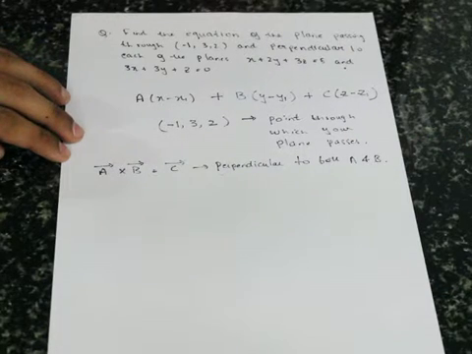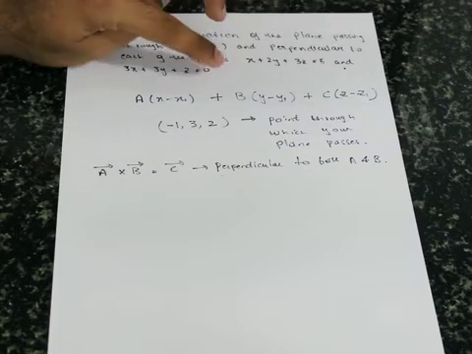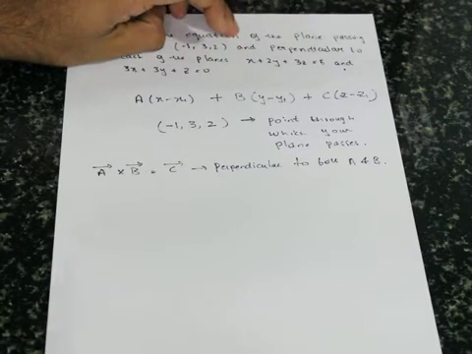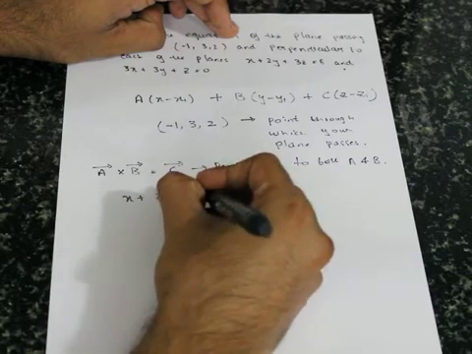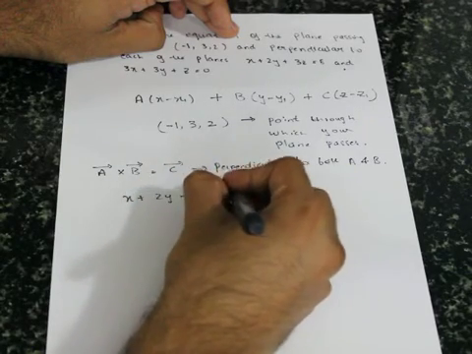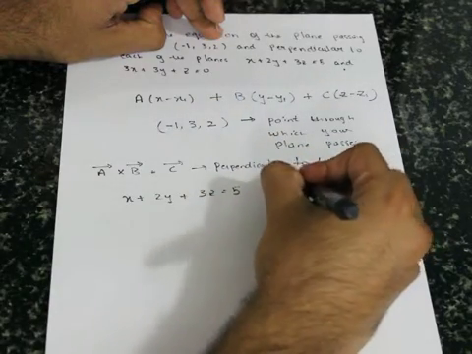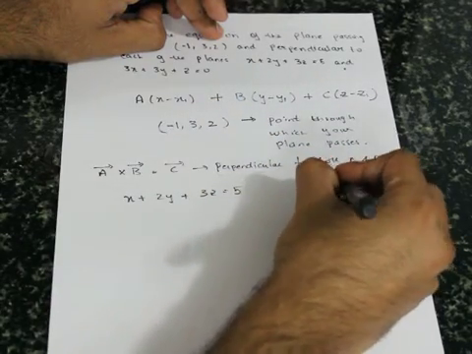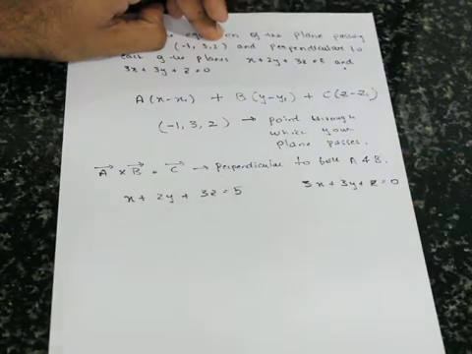So what do you infer? Now what are the direction ratios of these two planes given? The first plane is x + 2y + 3z = 5, and the next plane is 3x + 3y + z = 0.